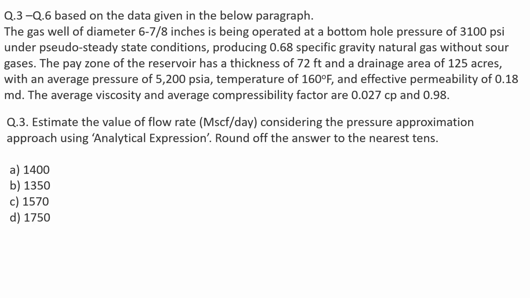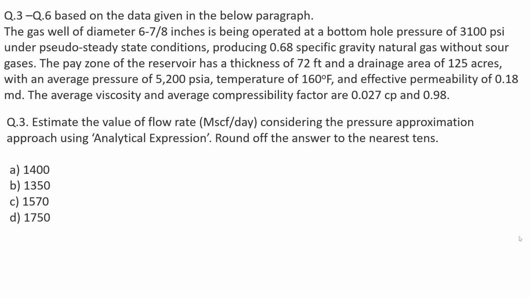Now this next question, there is a statement which will be used for next four questions. So the statement is that the gas well of diameter 6 7/8 inches is being operated at a bottom hole pressure of 3100 psi under pseudo steady state conditions, producing 0.68 specific gravity natural gas without sour gases.